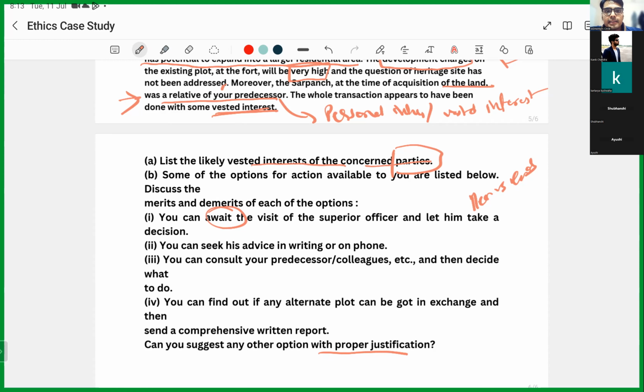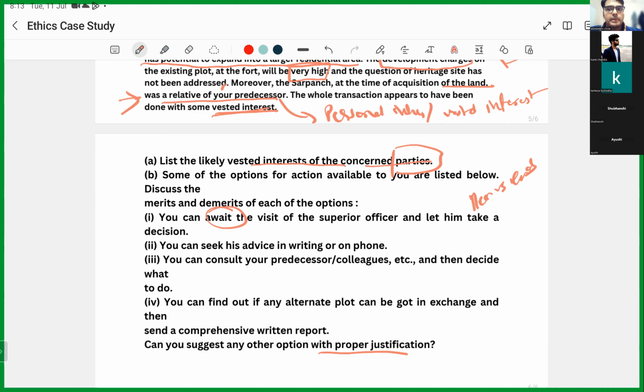Your concrete reports will ensure that the discretion of the superior or higher authority is not influenced by anyone else. When you have everything to prove, how can the person say no? So this can be one of the good options.